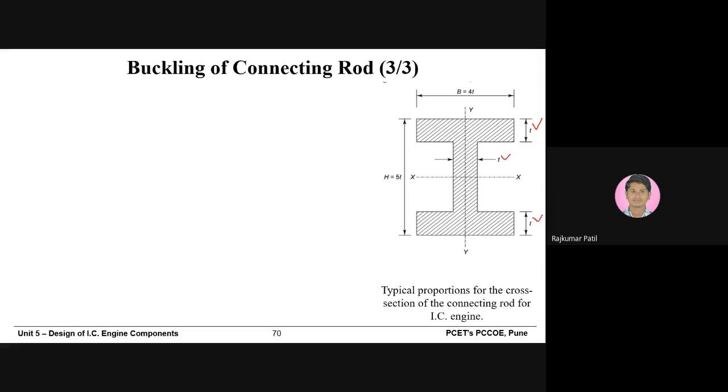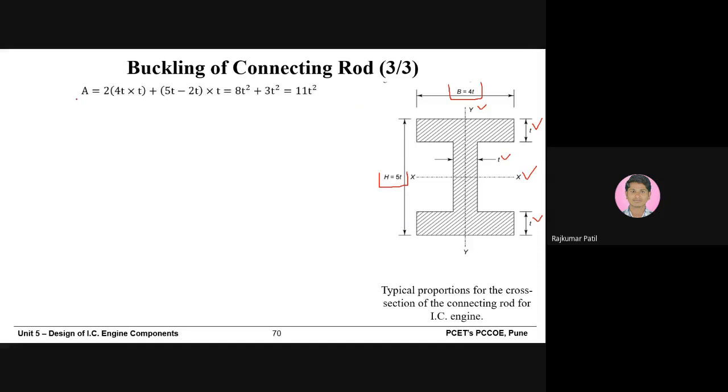Then the width is generally taken as 4 times the thickness, and the height of the I section is generally taken as 5 times t. And this is your in-plane axis, that is xx, and yy is the axis perpendicular to the in-plane axis. So these are the two axes.